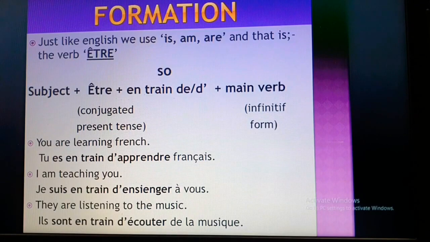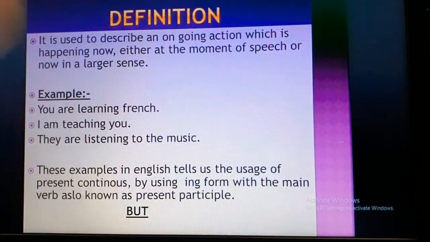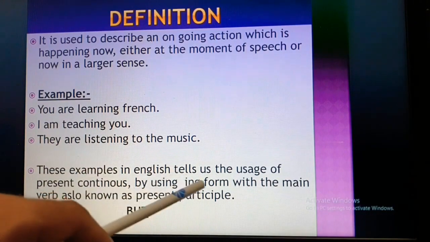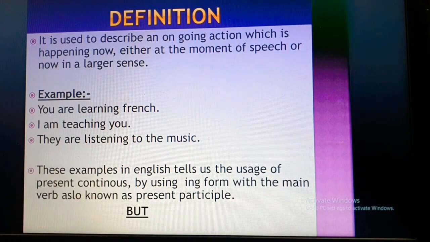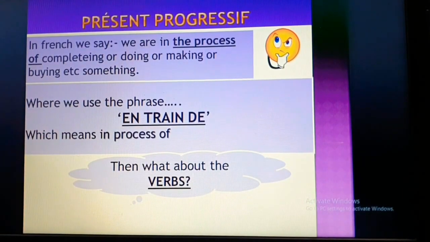So the difference between present continuous in English and present progressive in French is just that we don't use the ing form, that is the present participle, in French. Instead of that, we use the phrase en train de. En train de means in process of.